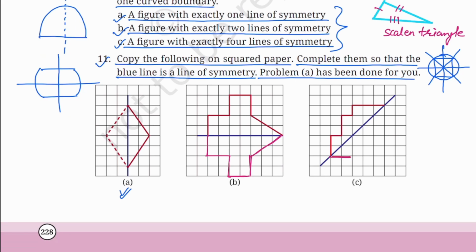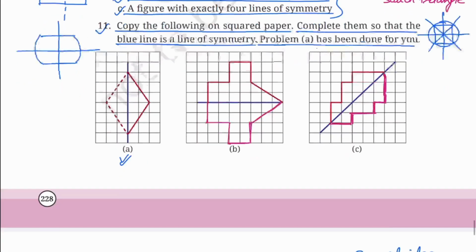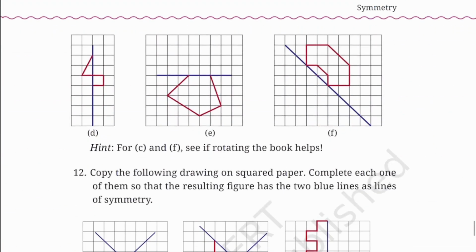Similarly, in C, you can draw like this, such that the blue line becomes a line of symmetry. Similarly, you can try doing D, E, F. Hint: for C and F, see if rotating the book helps.